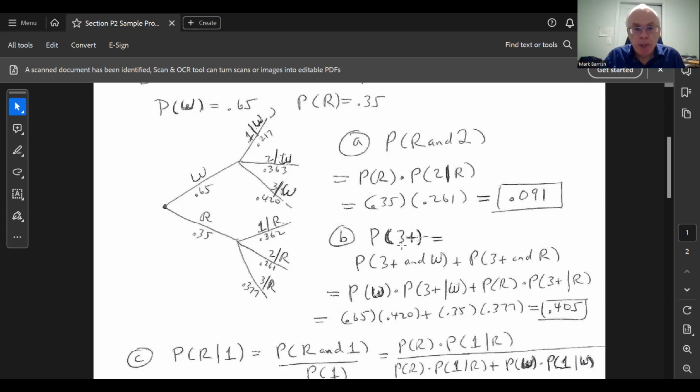So 3 plus would be the sum of the result of this multiplication here plus the result of this multiplication here, these two branches. Okay.